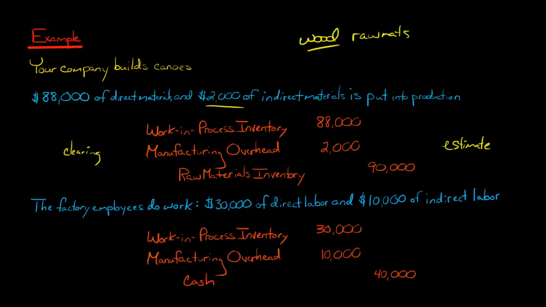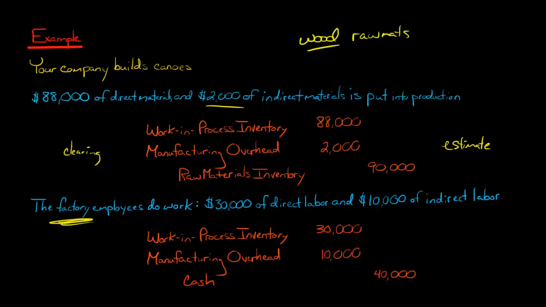So now the employees in the factory do some work, right? So now we have, let's say, $30,000 of direct labor. Remember, direct labor is touch labor. That's the people actually assembling the canoes. They're doing physical work to build the product, and it's clearly traceable to the product. And then we have some indirect labor, $10,000 of indirect labor. That's maybe a janitor who's sweeping the floor in our factory.